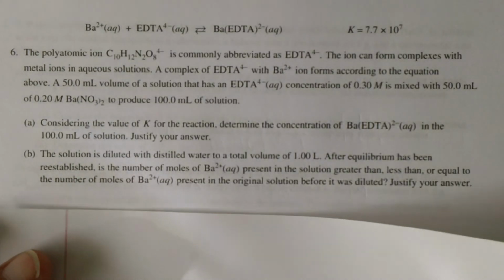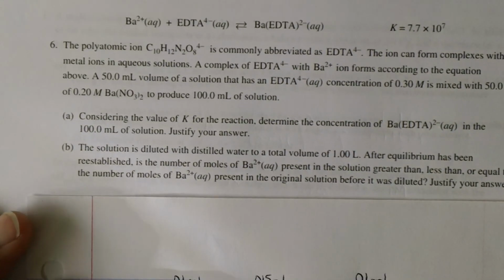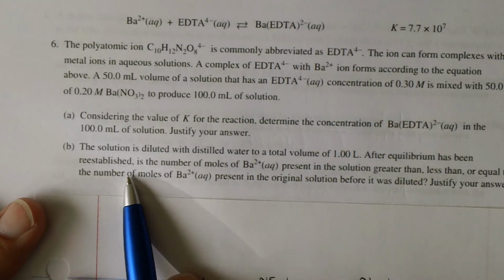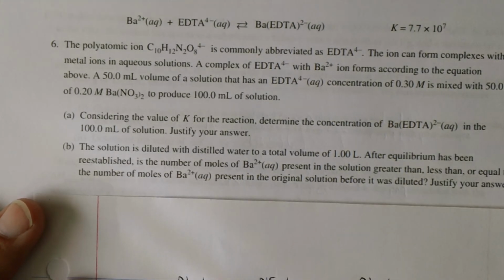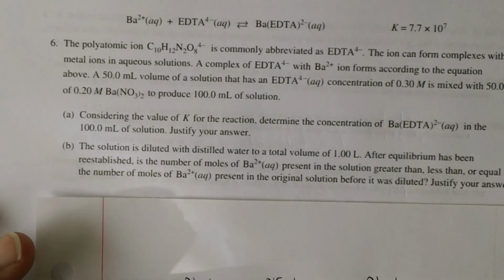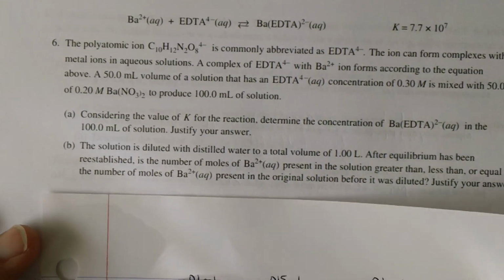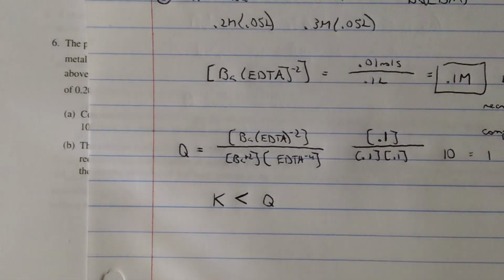So what's the question? The question is, and this is all justification, by the way, what we've just written there, but after equilibrium reestablishes, is the number of moles of barium present in the solution greater than, less than, or equal to the number of bariums present in the original solution?